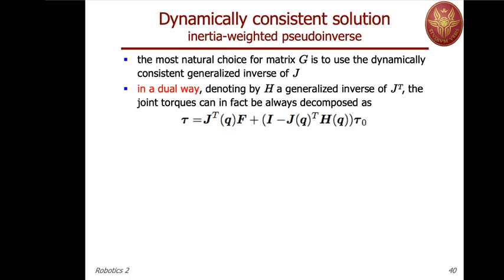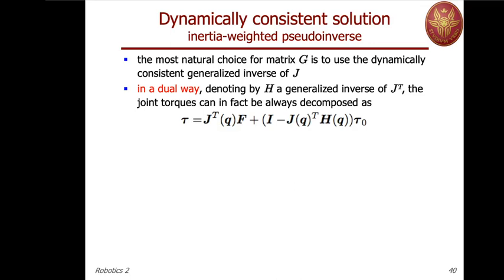Okay, so that tau 0 is the additional torque in the joint space that cannot be generated by J transpose times F. In fact, if you replace J transpose F in place of tau 0, so that you assume that tau 0 can come from a Cartesian force, then the second term vanishes, because H is a generalized inverse of J transpose, so J transpose H J transpose will be equal to J transpose, and then you subtract from the first term the identity times J transpose.